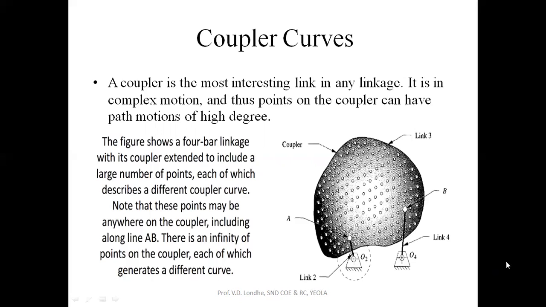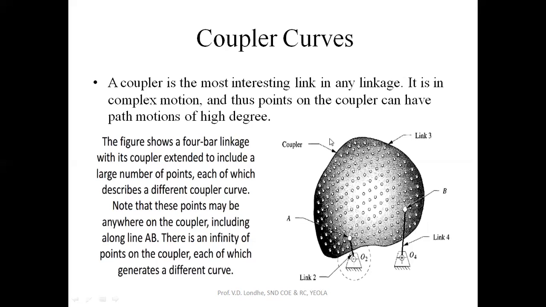For example, in this diagram, this is the four-bar chain mechanism in which link 1 is fixed, O2 is a fixed point, and O2A is the crank. This bigger part is the coupler, which is attached to another point B, and O4B is the output link. So link 1 is fixed, link 2 is the crank, link 3 is the coupler, and link 4 is the output link. The coupler is the link which connects the input and output links of the four-bar chain mechanism.